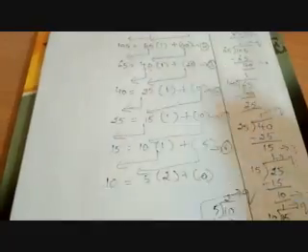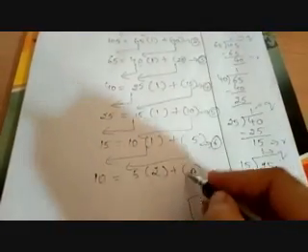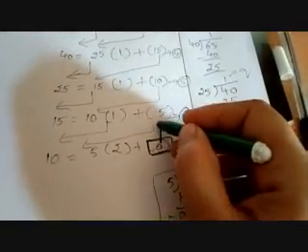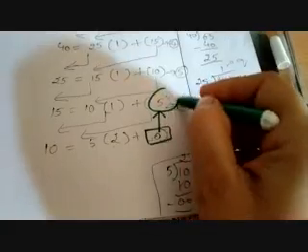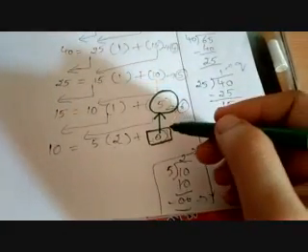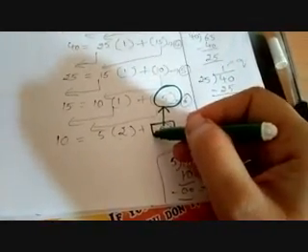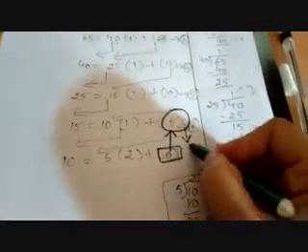And what is your GCD? Whenever you have reached the remainder as 0, your GCD will be this 5. The remainder above the 0 that we have got is your GCD.